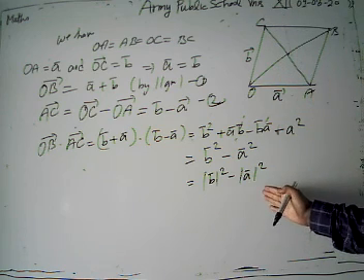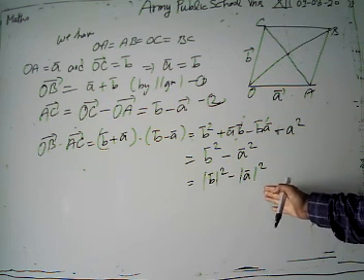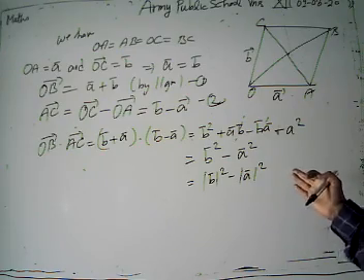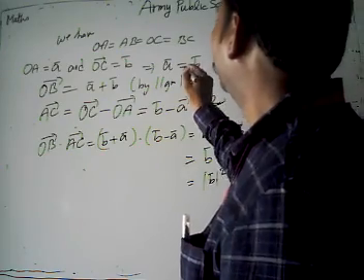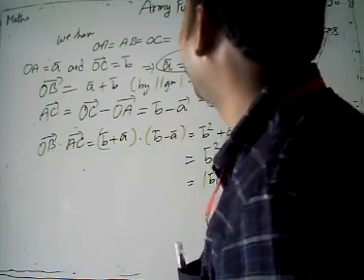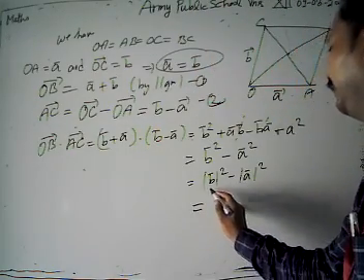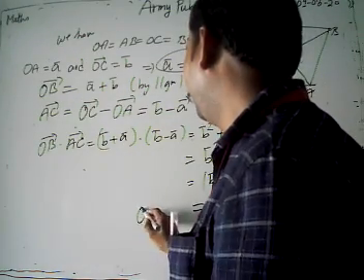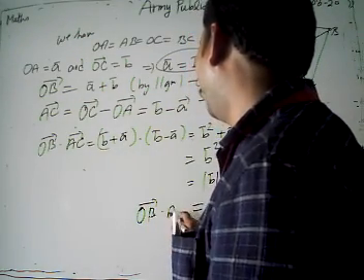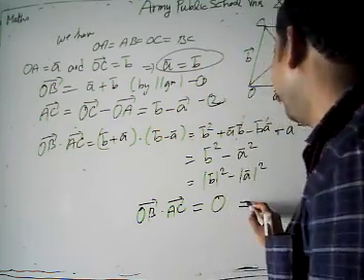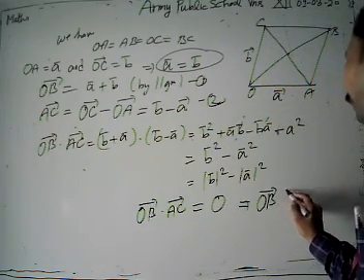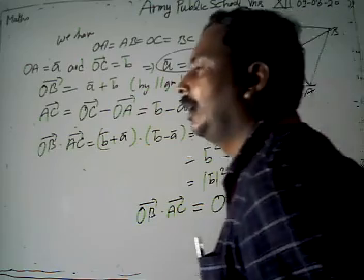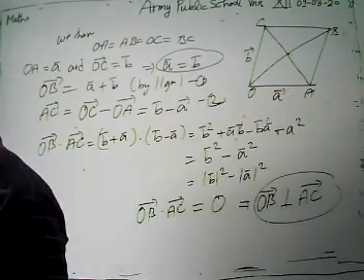This is our basic concept: the square of a vector is equal to the square of its modulus. Now, vectors A and B are equal in length, so we have 0. Then vector OB dot vector AC is 0. This implies our vector OB is perpendicular to vector AC.